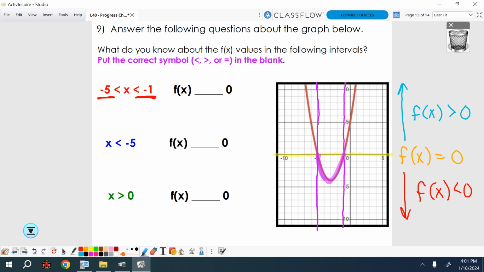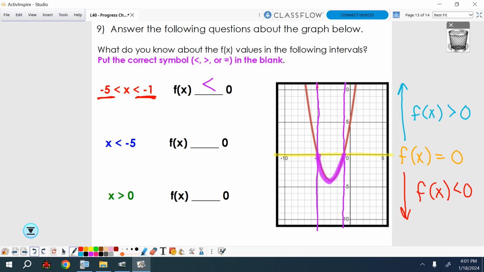Well, if I look at this part of my parabola, in between this -5 and -1, I can see that it's below that yellow line. Being below that yellow line means that it is less than 0. Because it's below the yellow line, it is less than 0.